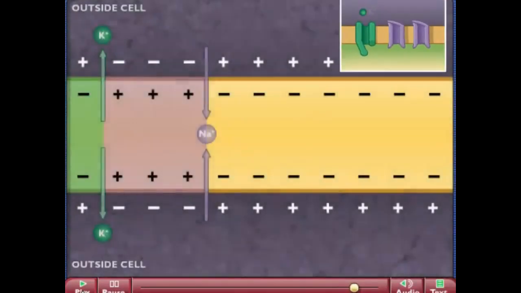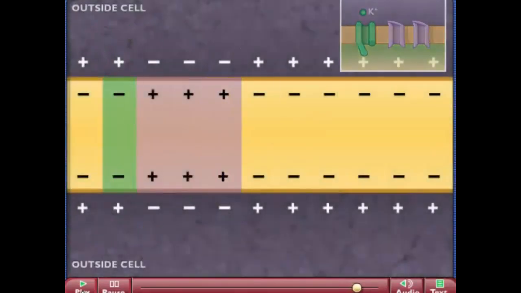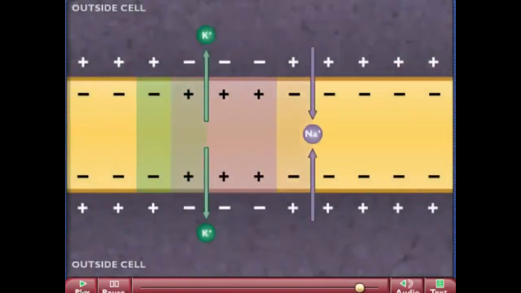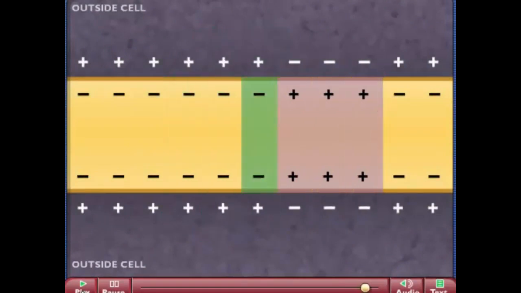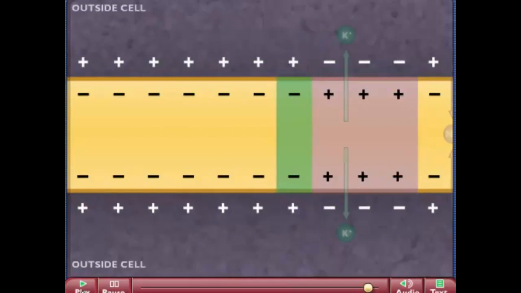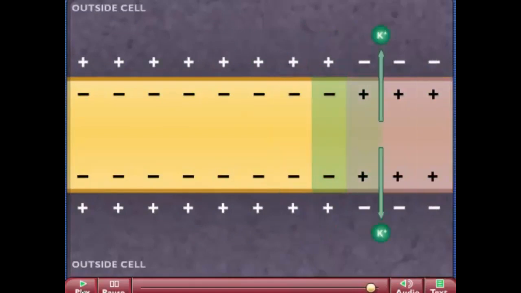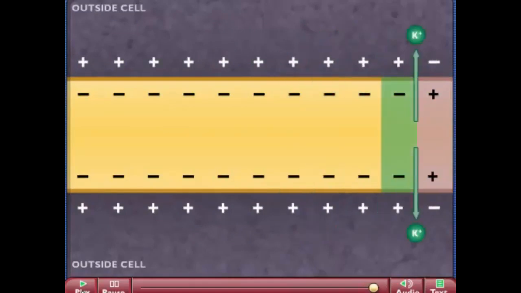This is followed by use of sodium-potassium pumps to fully restore the resting membrane potential and to reestablish proper concentrations of sodium and potassium ions inside and outside the cell. So there's the depolarization. That's the wave that we did.